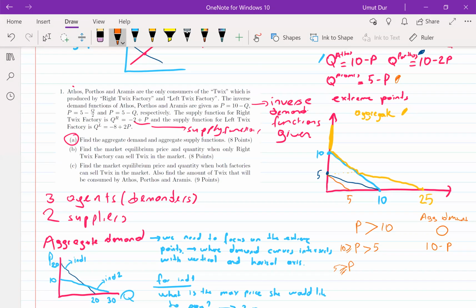We just sum the right-hand sides of these equations: 10 minus p from the first individual, 10 minus 2p from the second individual, and 5 minus p from the third, which will be 25 minus 4p. So this will be the aggregate demand.